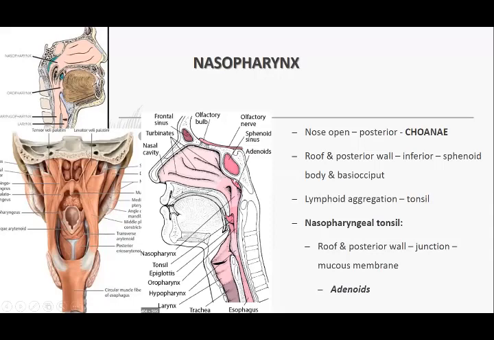Head and neck में similar collection. This collection of lymphatic nodules is called a tonsil. और since ये nasopharynx में पड़ा हुआ है, तो it is called nasopharyngeal tonsil या खाली pharyngeal tonsil, आप जो भी कहना चाहें. Okay, so at the junction of the roof and the posterior wall, इस junction पे you have this pharyngeal tonsil.